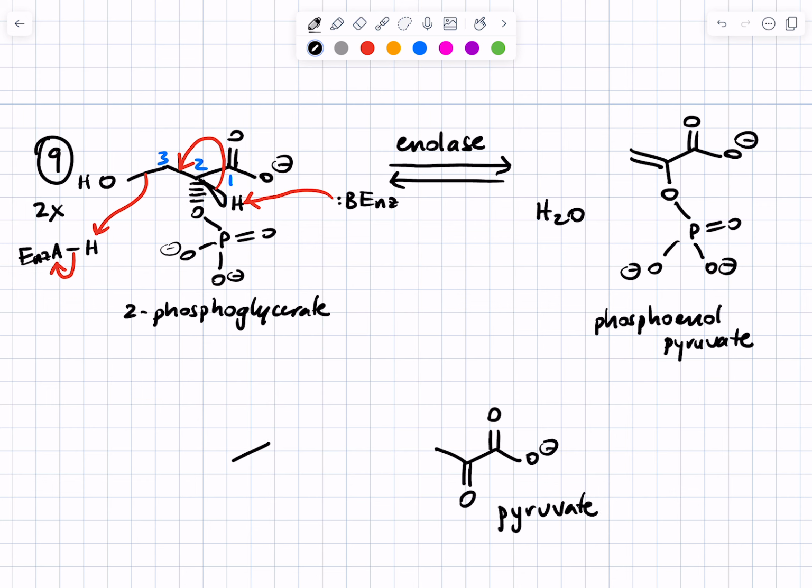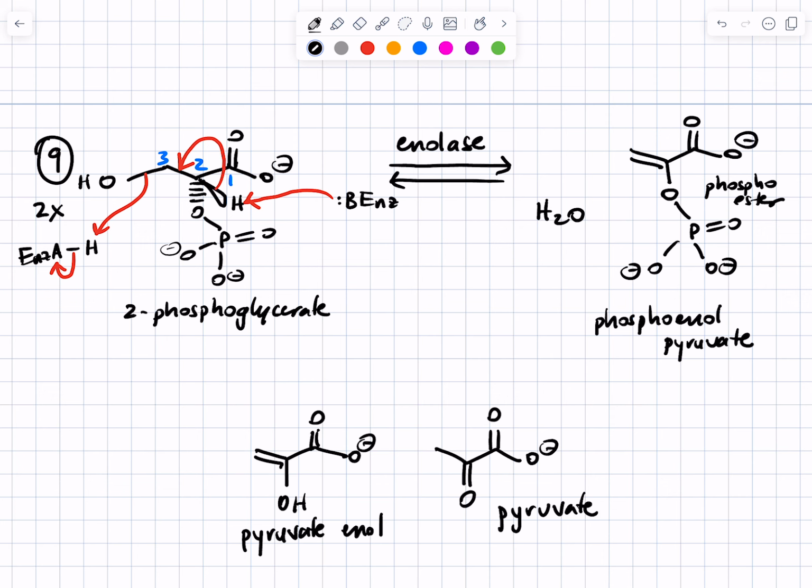The enol of pyruvate would look like this, and then it's phosphoenol pyruvate, because the OH of the enol is now a phosphoester. Questions about that elimination reaction?